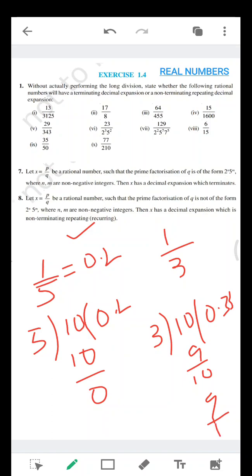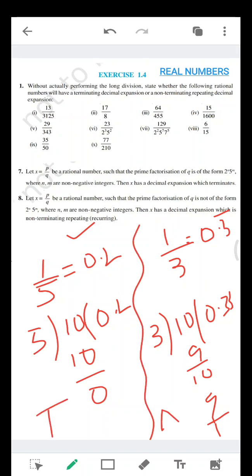So 1 by 3 can be written as 0.3333, or you can write 0.3 bar also. So these are the two types of decimals. One is terminating, another is non-terminating repeating decimals.